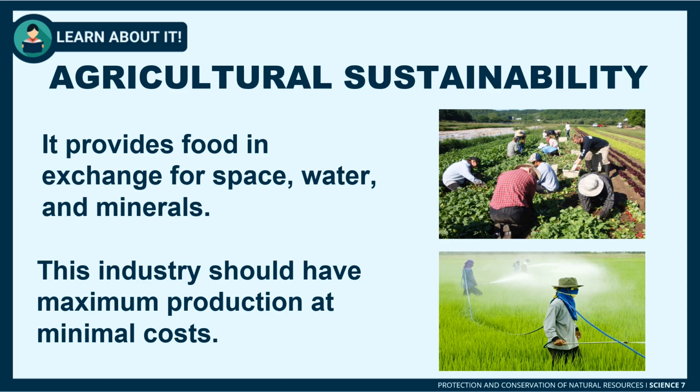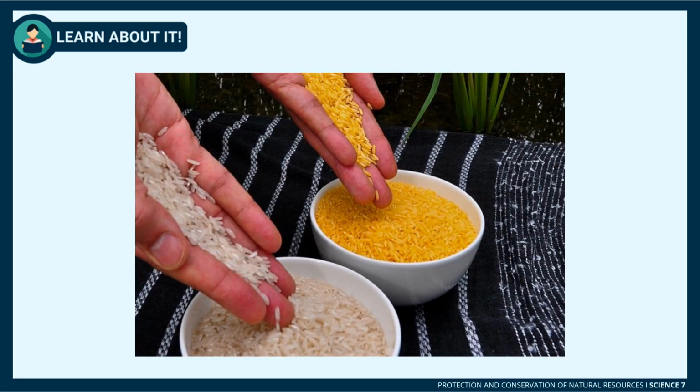Farmers and ranchers may engage in the development and adoption of practices that are profitable and environmentally sound, like using natural herbicides and pesticides. Also, it supports research and education intended to help farmers and ranchers mitigate and adapt to climate change, such as the development of flood-tolerant rice.